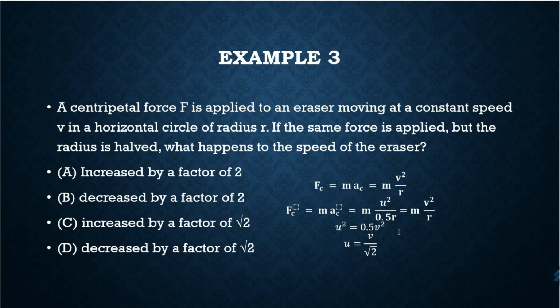So u is v over the square root of 2. That means the new velocity is reduced by a factor of square root of 2. So the answer will be D.